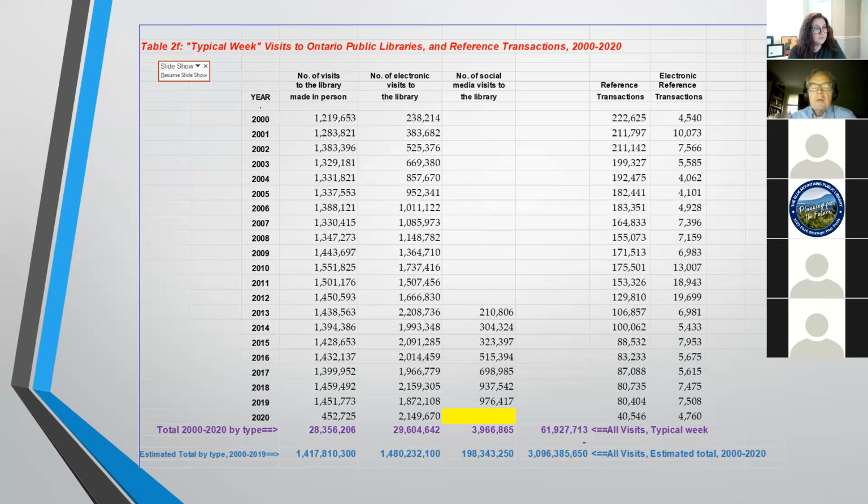And the electronic transactions were 4,800. Now think about that. So they're doing something when they come to these libraries, and Google or not, there are things that we are doing that they can't do, that Google can't do. But even so, the reference transactions dropped. You notice that the fewer people came in, it's down about half. And the electronic reference transactions didn't go up that much.